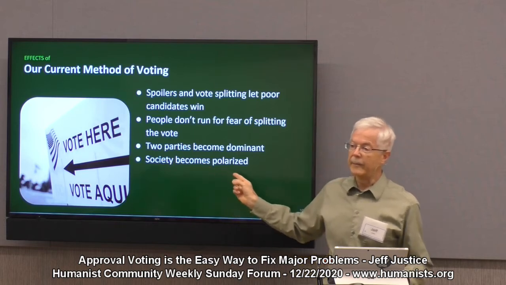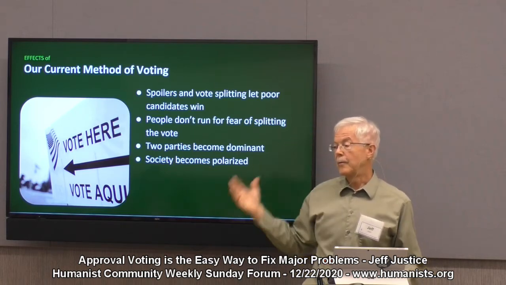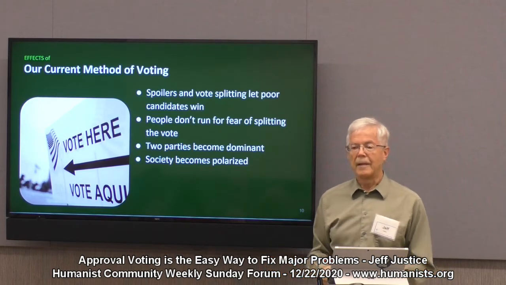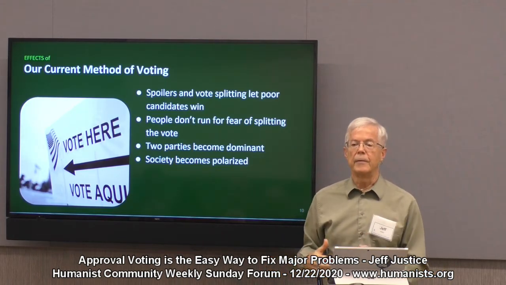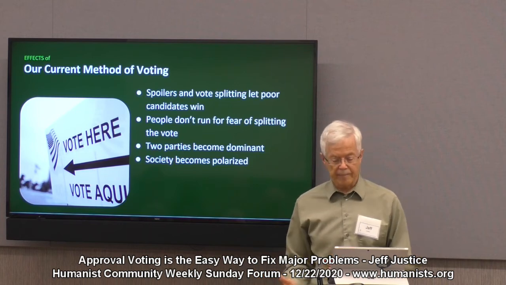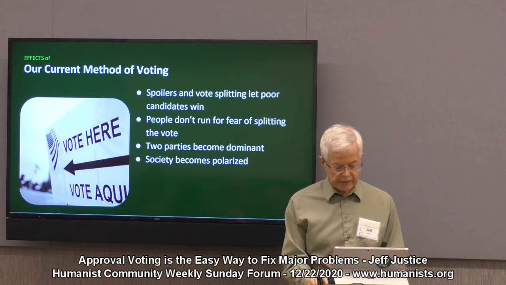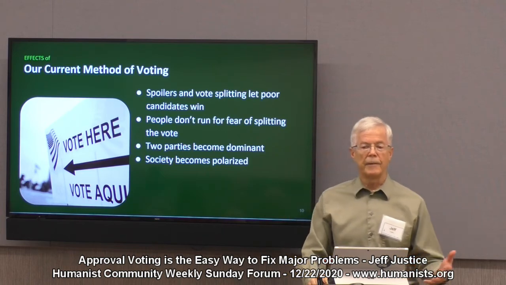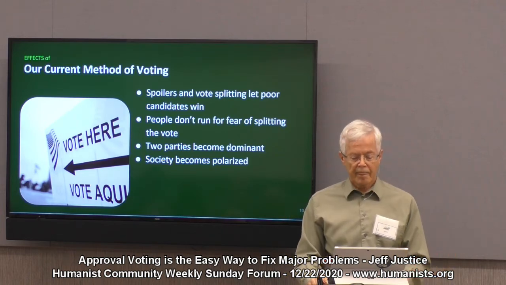And then indirectly we start polarizing society. Negative campaigning becomes a good way to win, because the only way you can get a vote is to take a vote away from the other guy. So that's a description of the nature of the problem and how big it is.